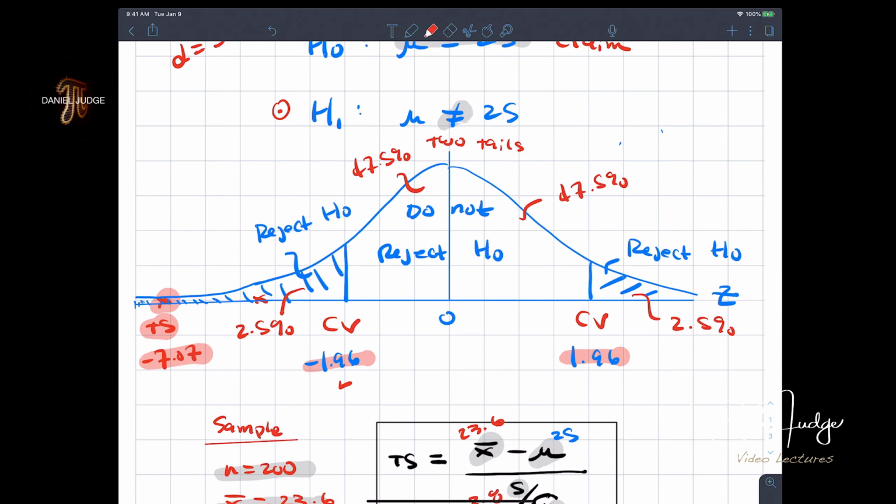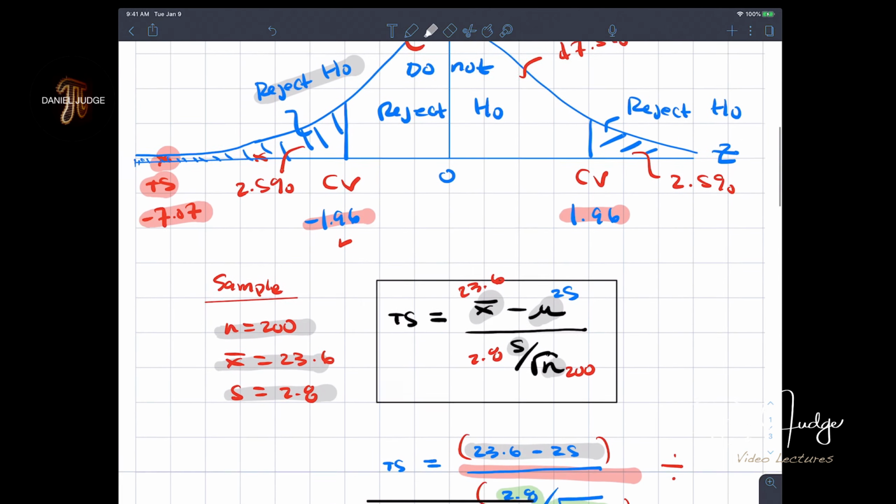Tell me the neighborhood. Tell me the region it lives in. Anybody know what region this is in? It's in the reject the null region.